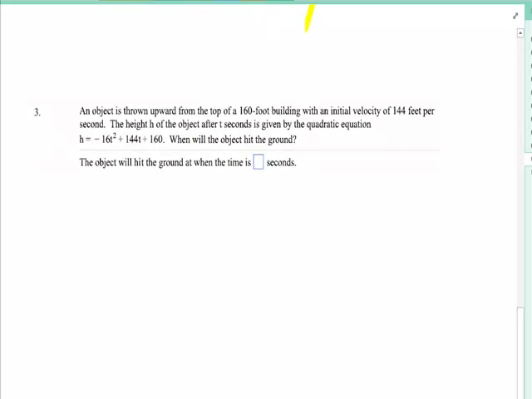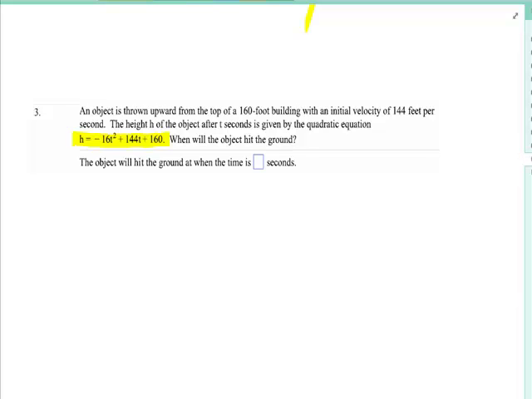There it is. All right, an object is thrown upward from the top of a 160-foot building with an initial velocity of 144 feet per second. The height h of the object after t seconds is given by the quadratic equation. Now, all of that is physics, which results in this equation.